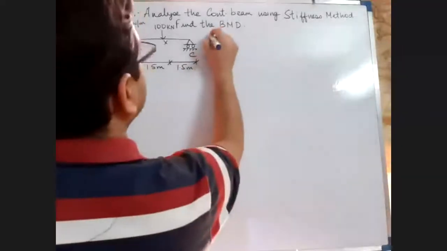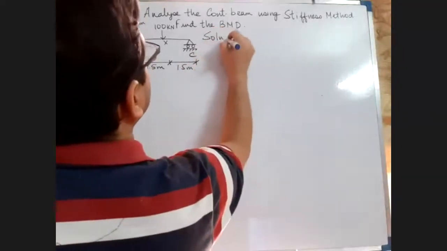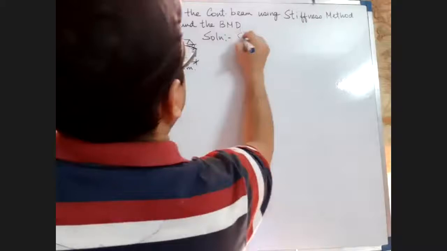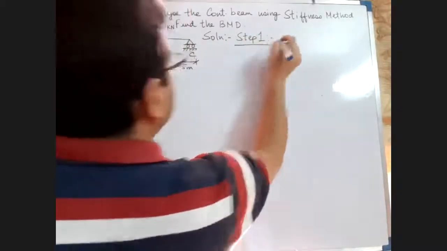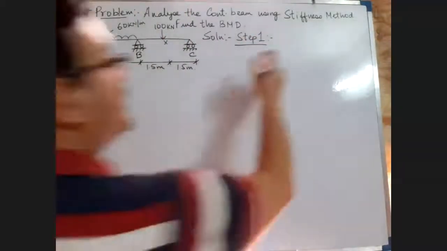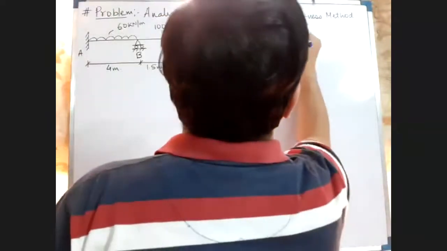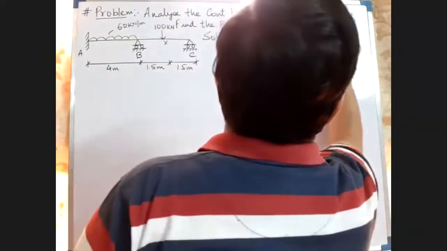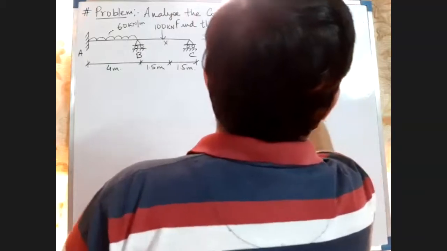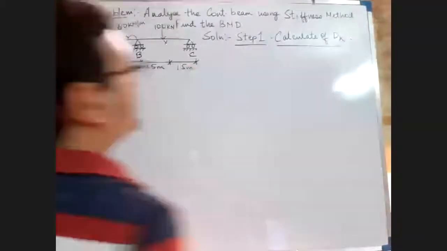Solution step 1. So we need to talk about step 1. Always learn structure analysis stepwise. I told you, step 1 is calculate the degree of kinematic indeterminacy, dk.